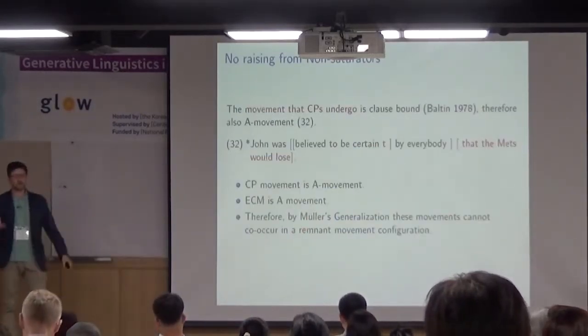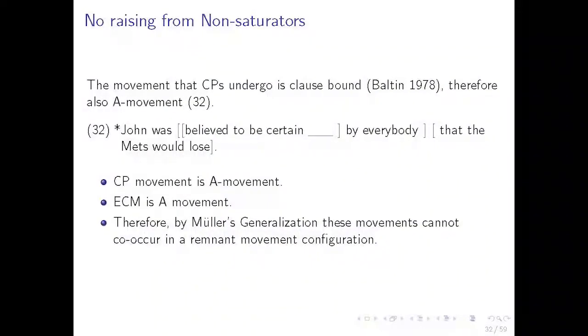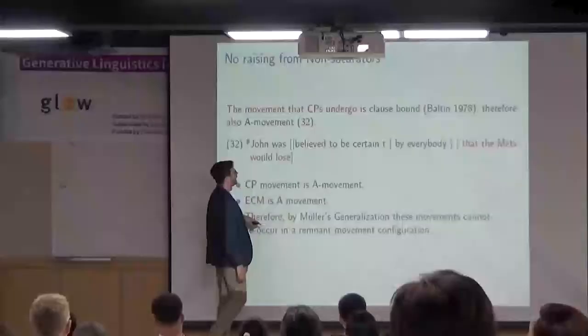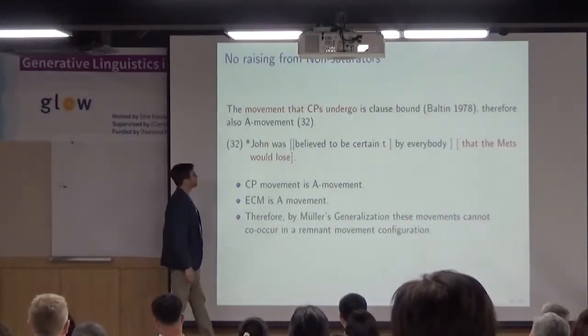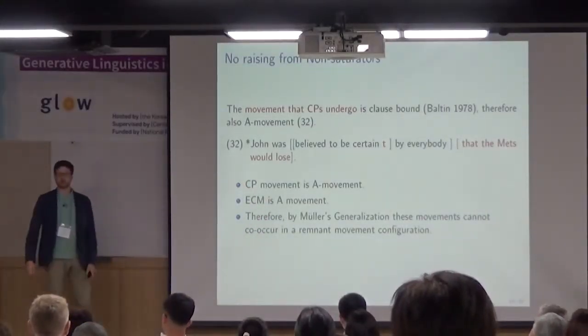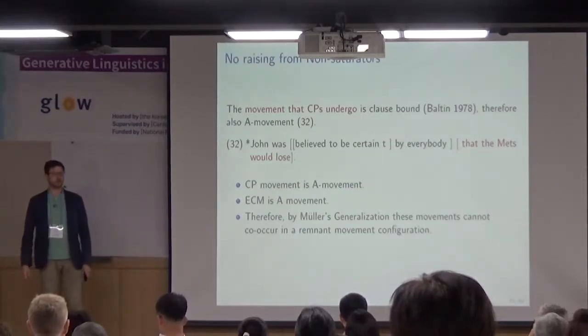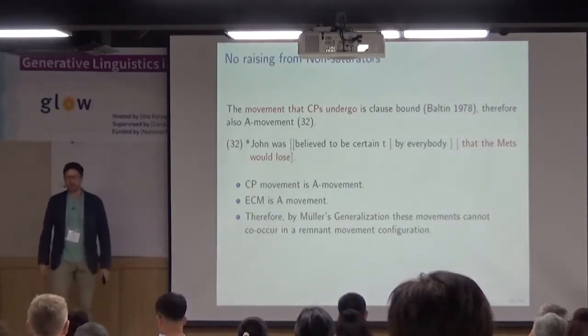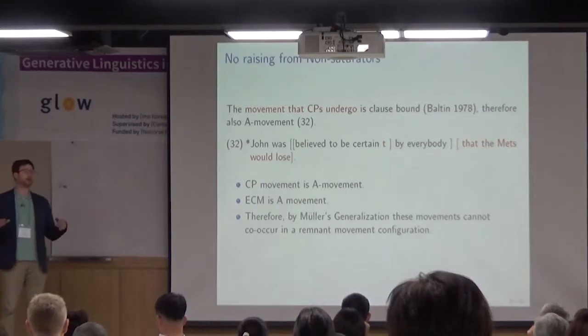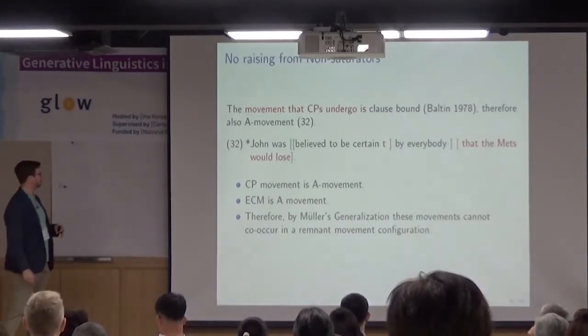Well, what do we know about the movements that CPs undergo? The movements that CPs undergo to the right, which we used to call extraposition, those are A movements too. They're, at least in the sense that they're clause-bound. Yeah, they're clause-bounded. They obey right roof in a way like heavy NP shift doesn't, by the way.